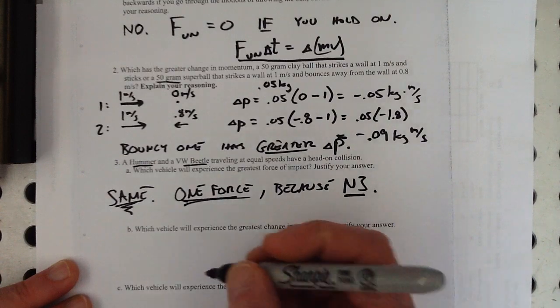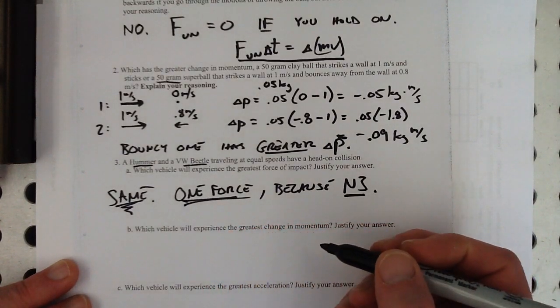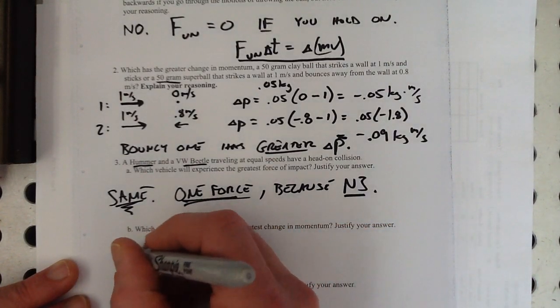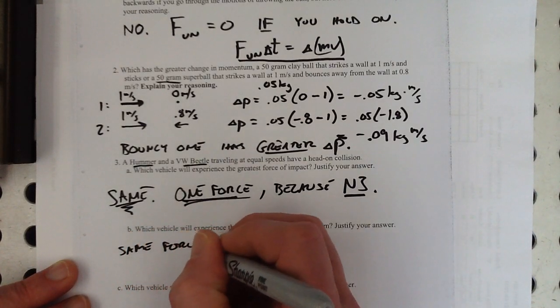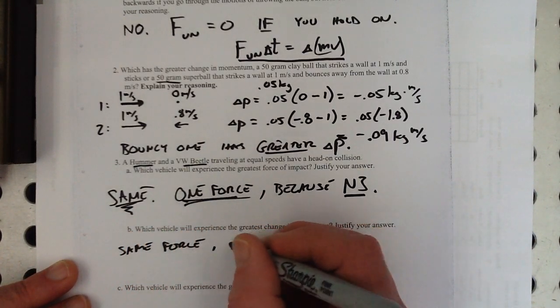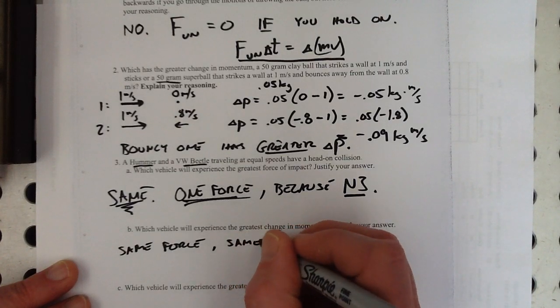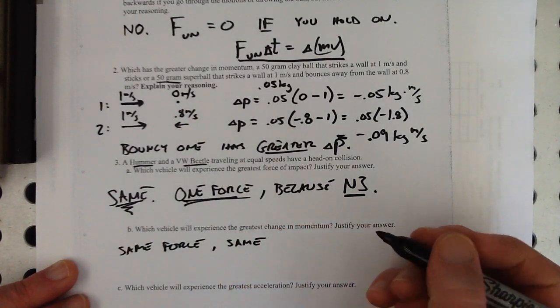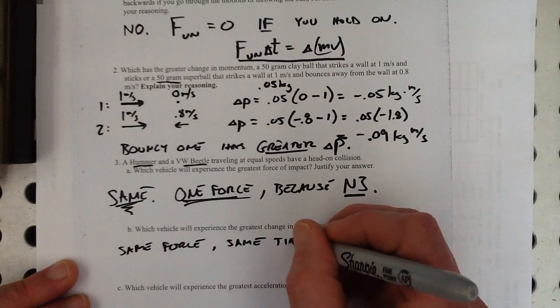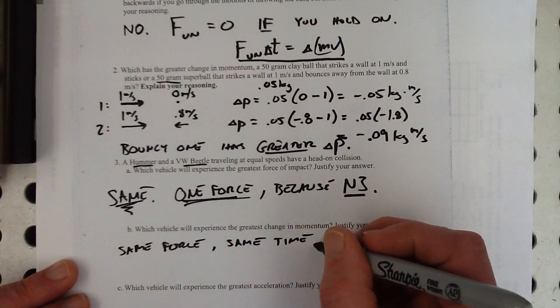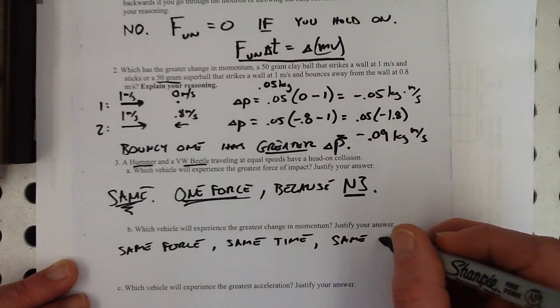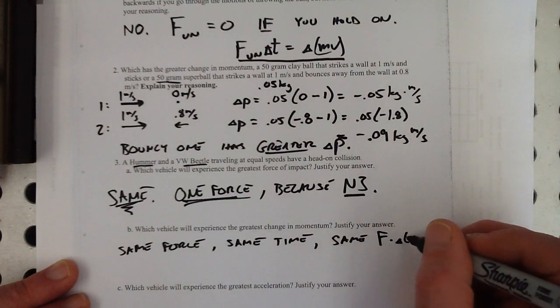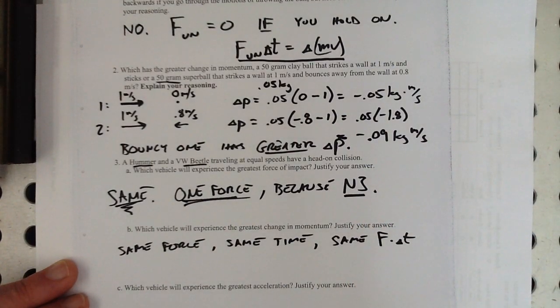Okay, well, let's see. If they're experiencing the same force, and of course, however long the collision takes, it's going to be the same amount of time. So that means they're experiencing the same force times time, right?